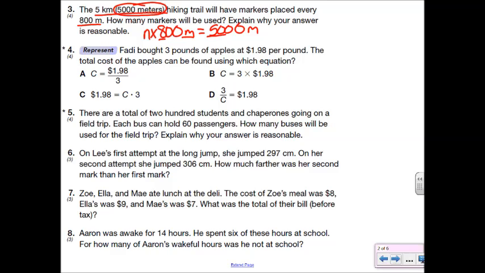So what times 8 gets me close to 50? Well, 6 times 8 is 48, so I think that's about as close as I can get. Then I say, okay, how many zeros do I want my end one to have? I want it to have 3, and right now I only have 2. So I'm going to have 60. N equals 60 markers.